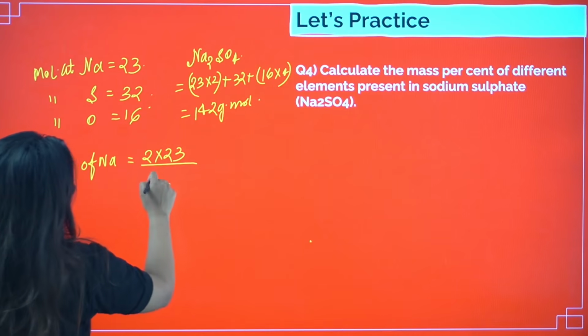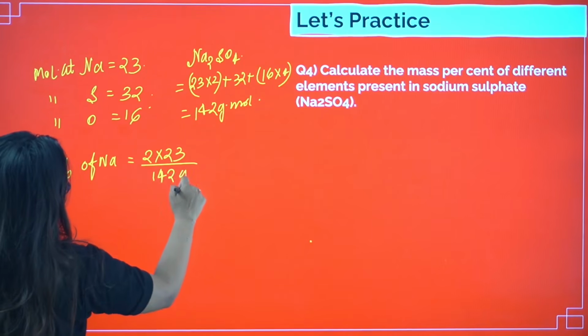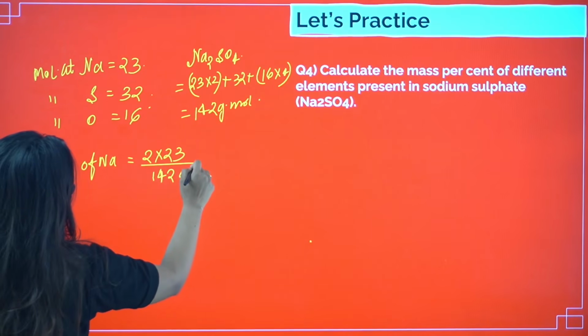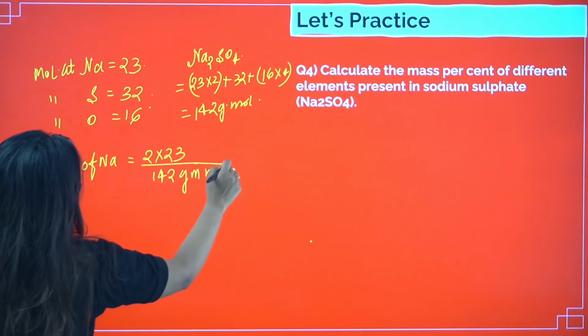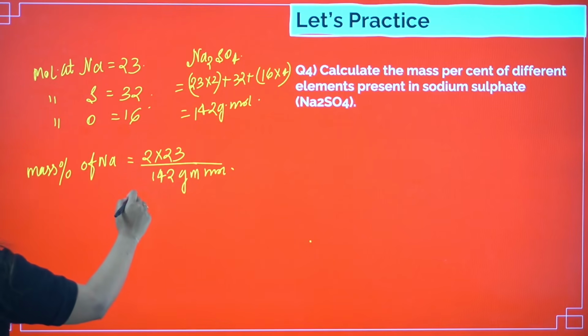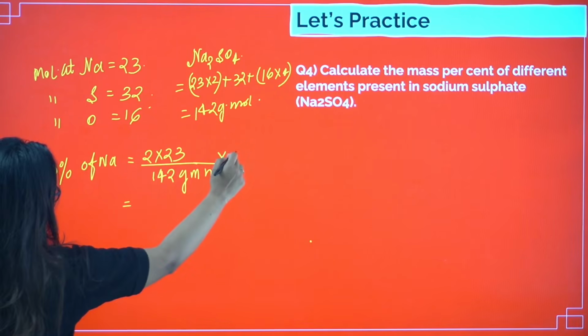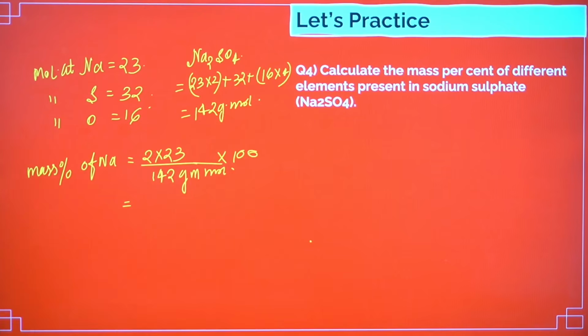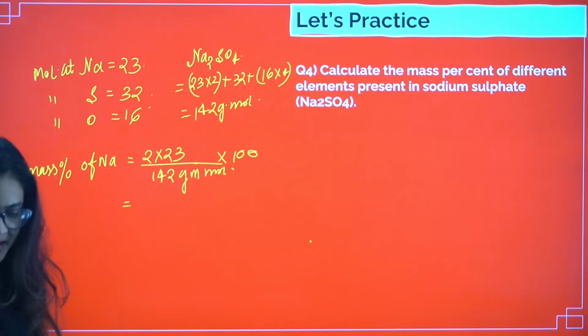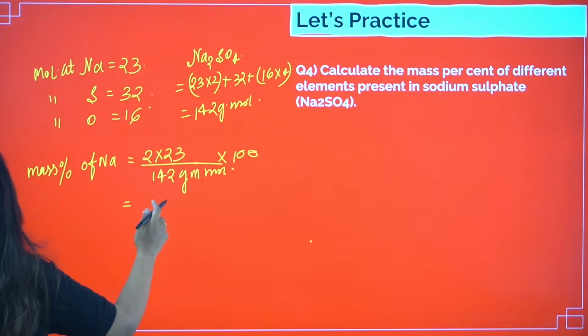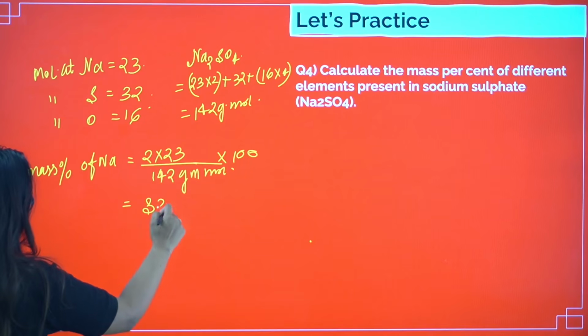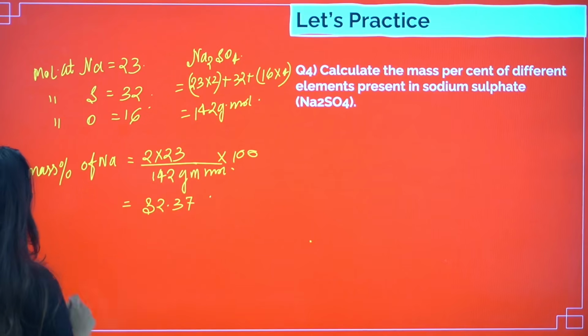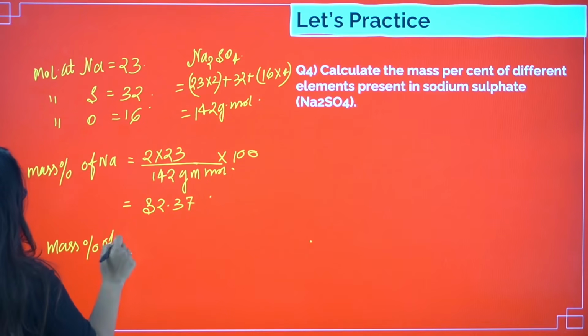So divided by 142 gram, then into 100, definitely into 100. If you calculate this, your answer will come up to be something like 32.37.